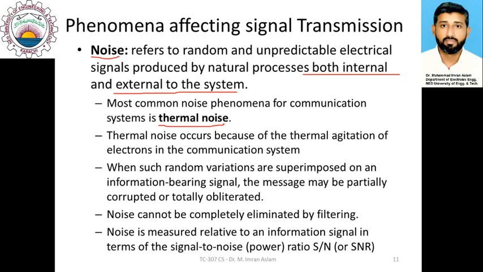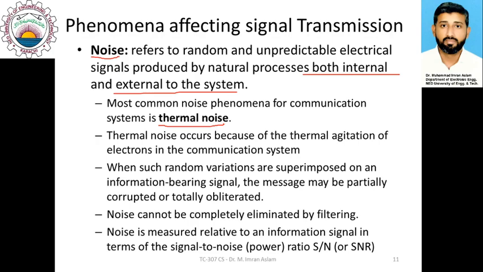You know, our communication system is basically electronic circuitry, so it is made of some material. There will be a transmitter and the channel. They are made of certain material, and we know that the material has some electrons inside, which keep on moving, and that movement of electrons generates a random current, and that random current is actually named noise or thermal noise.